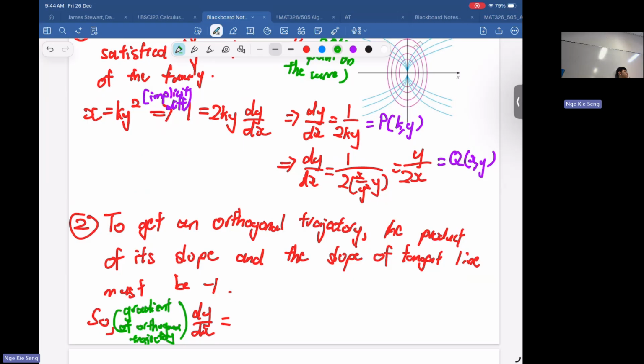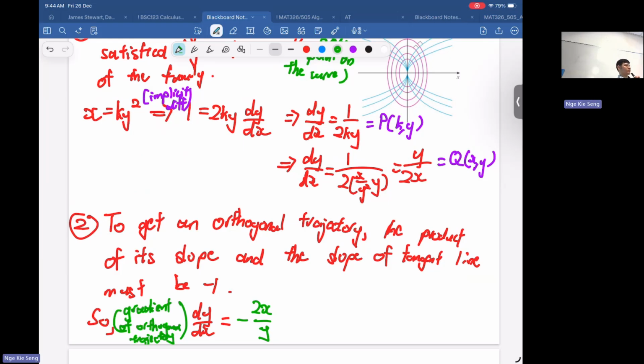The product with the gradient of the curve is -1. So what do you multiply with y over 2x to get minus 2x over y? So the gradient of the orthogonal trajectory should be minus 2x over y.